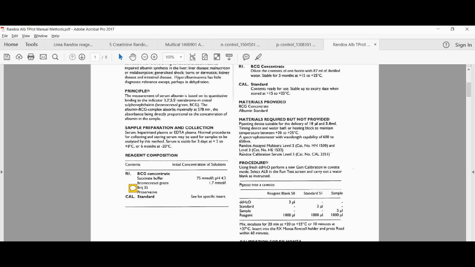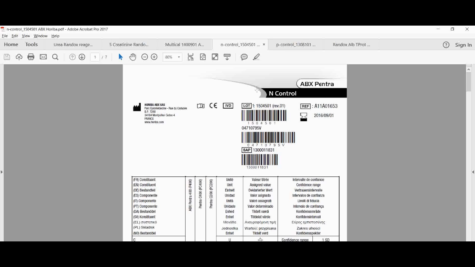So with the multi-Sera controls, that is a manufacturer specific item. So in this case it is a Randox item, Randox controls, multi-Sera controls. If you don't have the Randox multi-Sera controls, then you can use something different. And we have in our laboratories we have N controls and P controls.